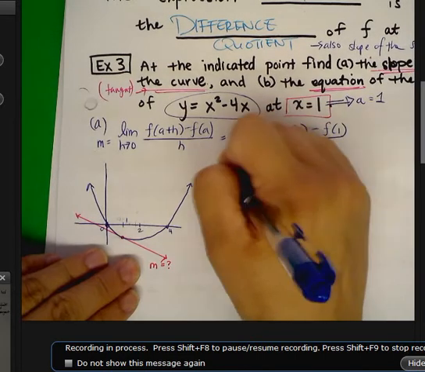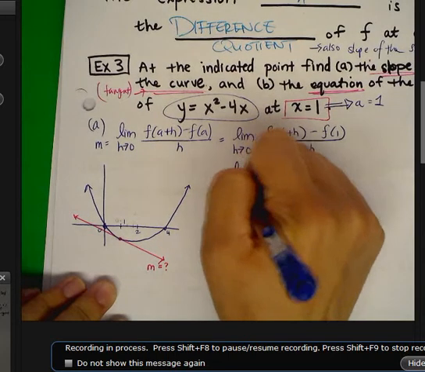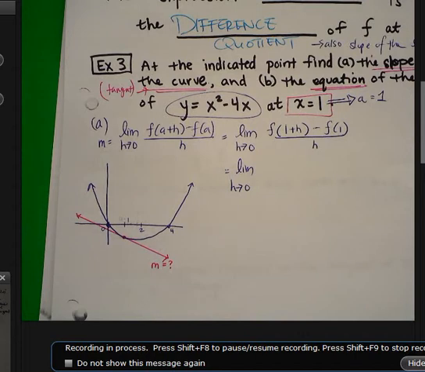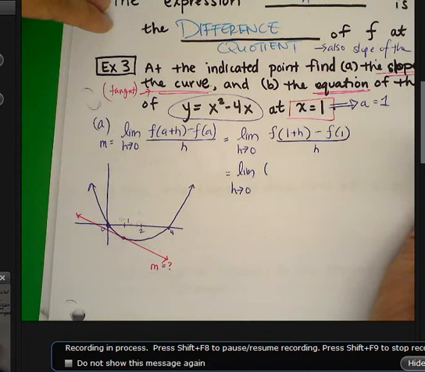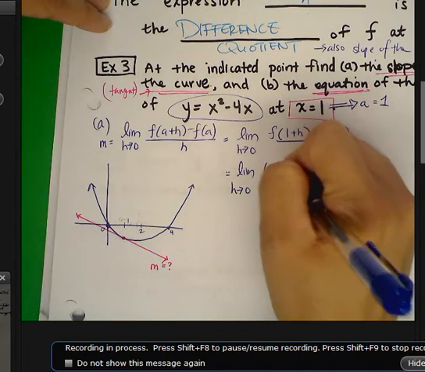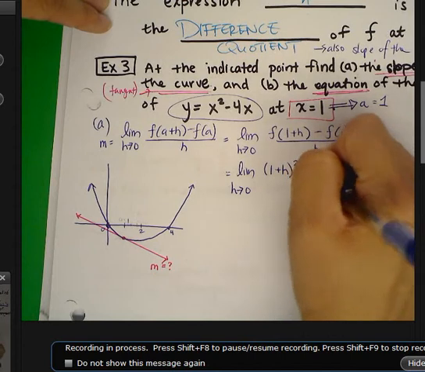Okay, so now let's actually plug in the function. The limit as h goes to 0 of the function, which is x squared minus 4x. Now remember, this is why I needed to make sure you guys knew how to do this from your summer packet. X squared, the argument is 1 plus h, right?